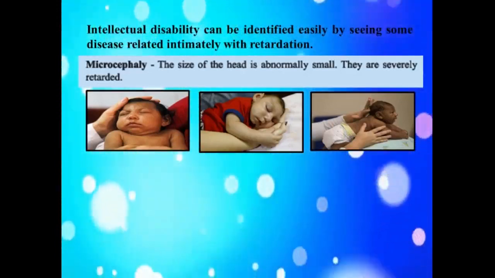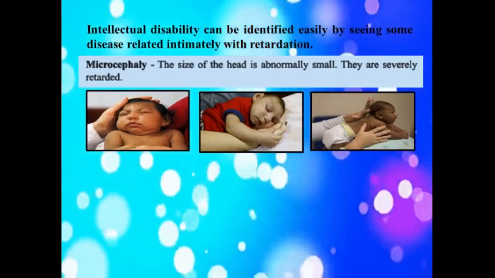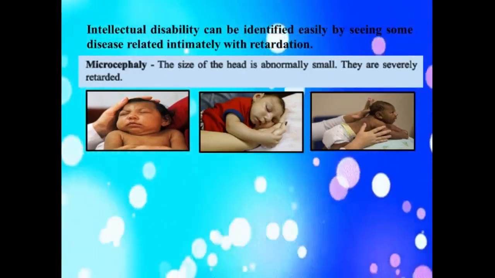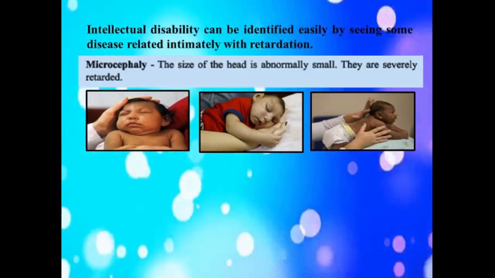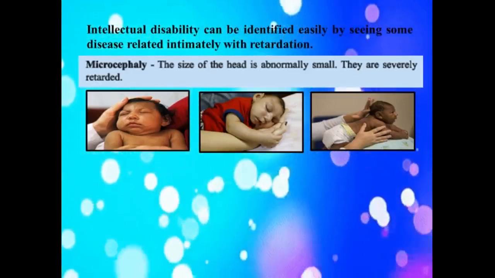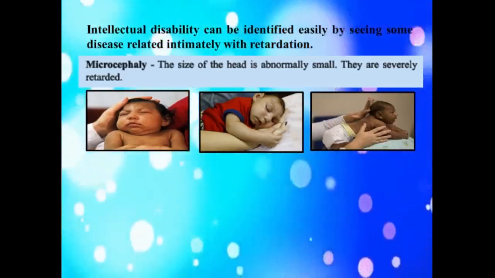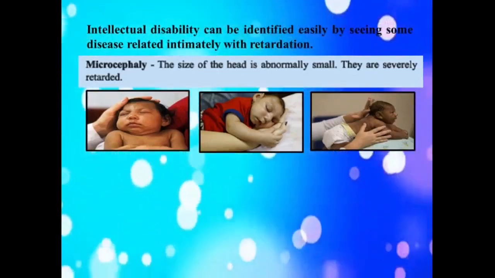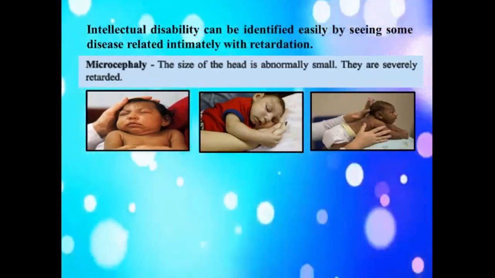Microcephaly. The size of the head is abnormally small. They are severely retarded. The question may arise, what is microcephaly? Microcephaly is one kind of disease which is intimately related with intellectual disability.